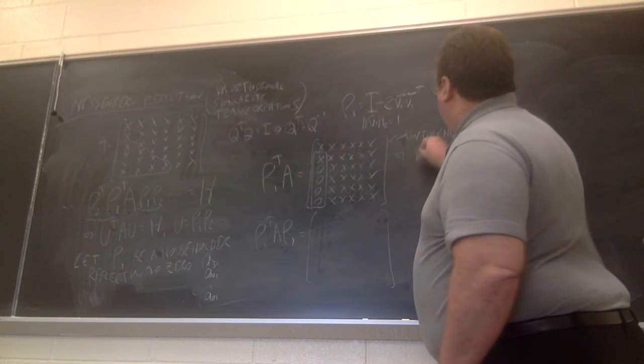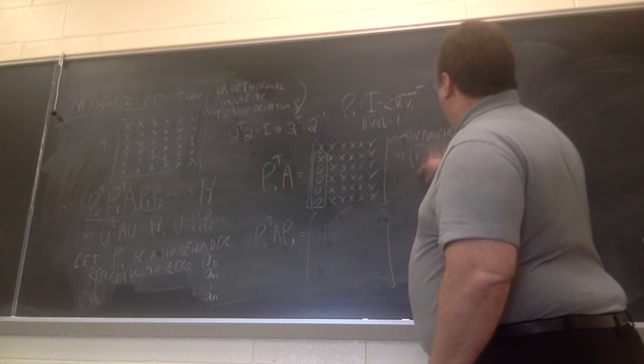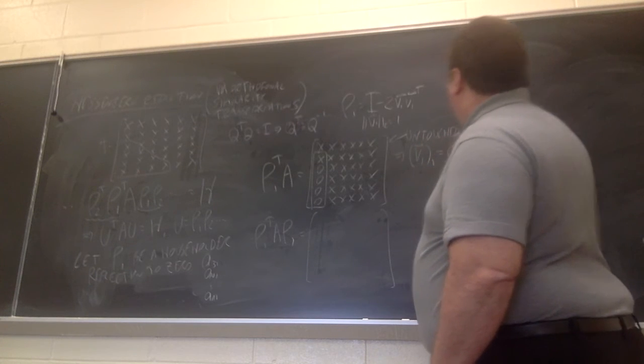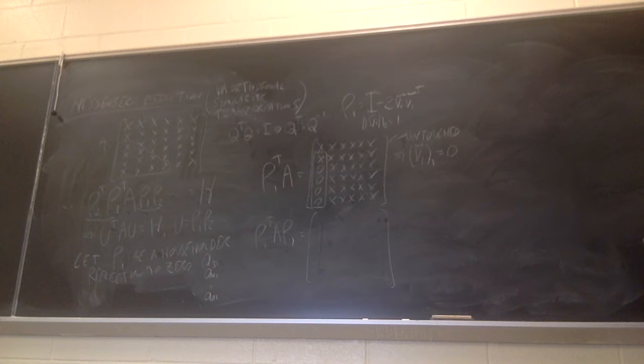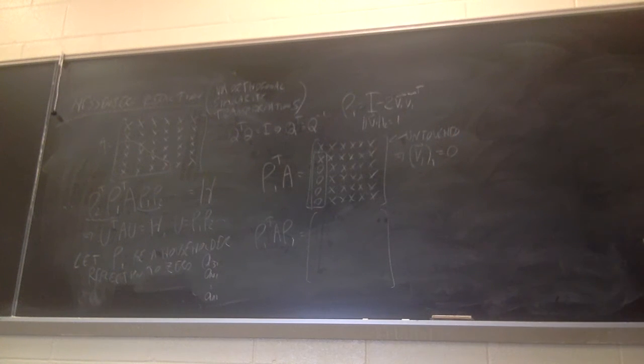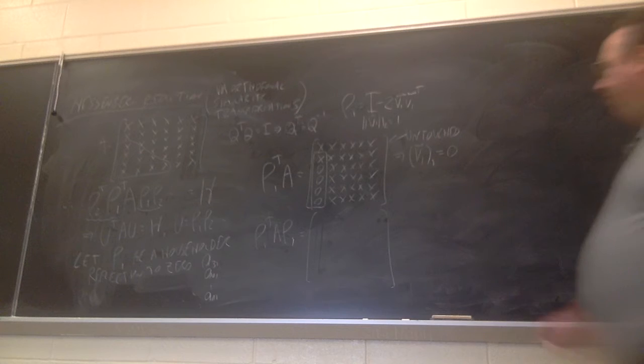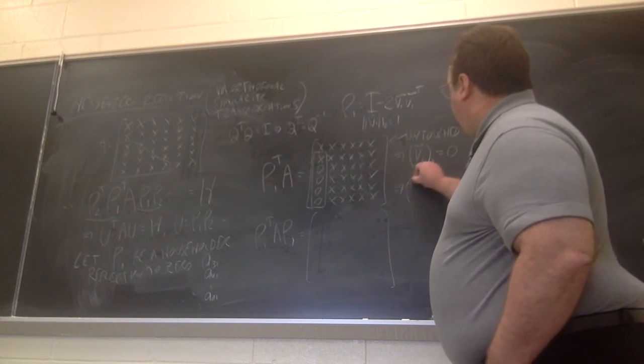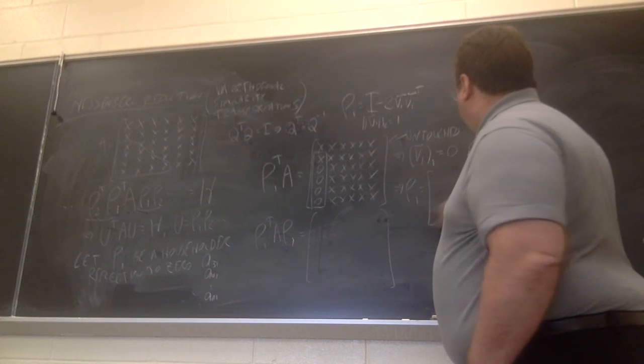So that means the first component of V1 is going to be 0. It's the rest of the components that will get the job done here. So as a result, P1 is going to have this structure.